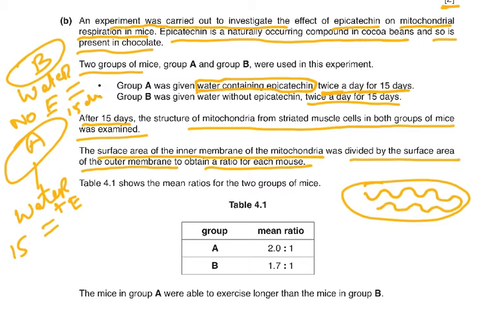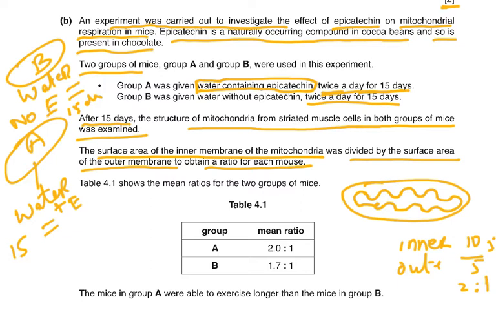The surface area of the inner membrane and the outer membrane is being compared. The inner membrane was the larger number because it was folded. So say it was 10 surface area and the outer was 5. So 10 ratio 5 means 2 ratio 1.